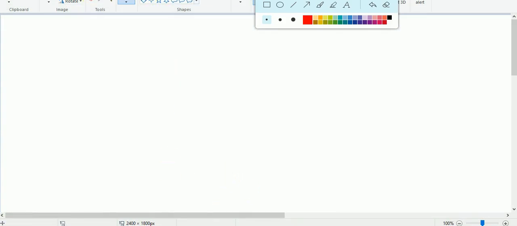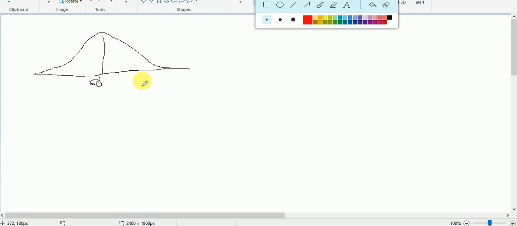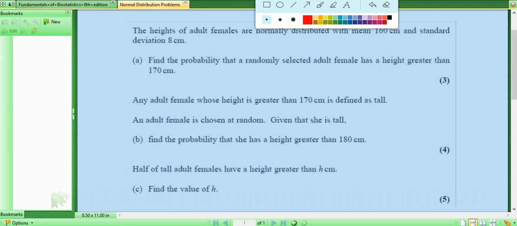To solve it, I will use the graph, that is the Gaussian curve for this. This is the kind of Gaussian curve that this generates, where here I will have 160. And it is said that the probability that a randomly selected adult female has a height greater than 170.